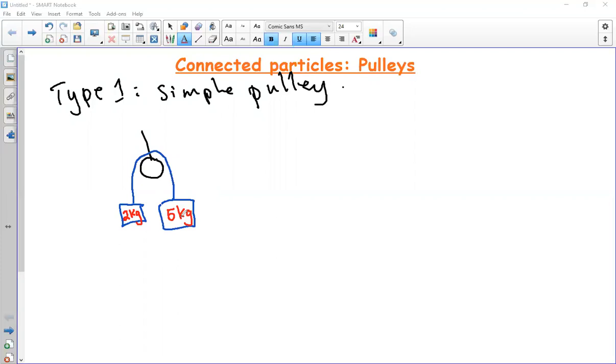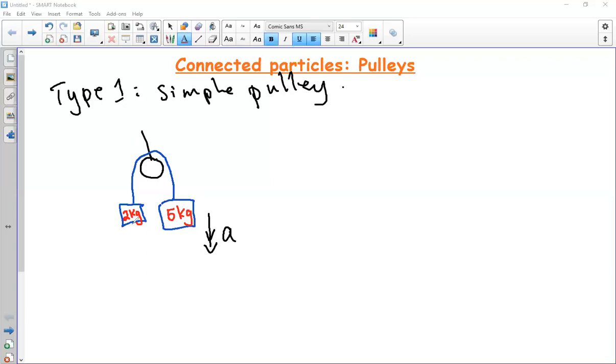What would happen? The box on the right hand side has a 5 kilogram mass, and that is heavier than the box on the left hand side. So when I take my hands away, this box on the right hand side will start to move down towards the ground, so its acceleration is downwards.